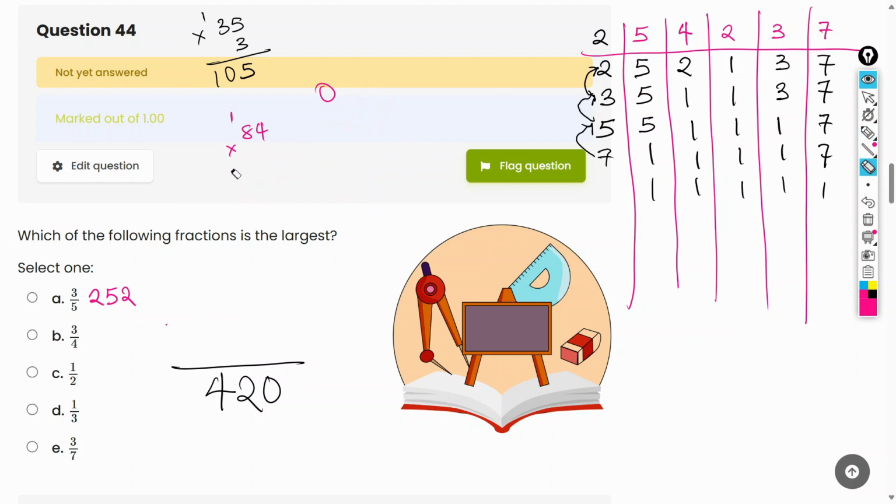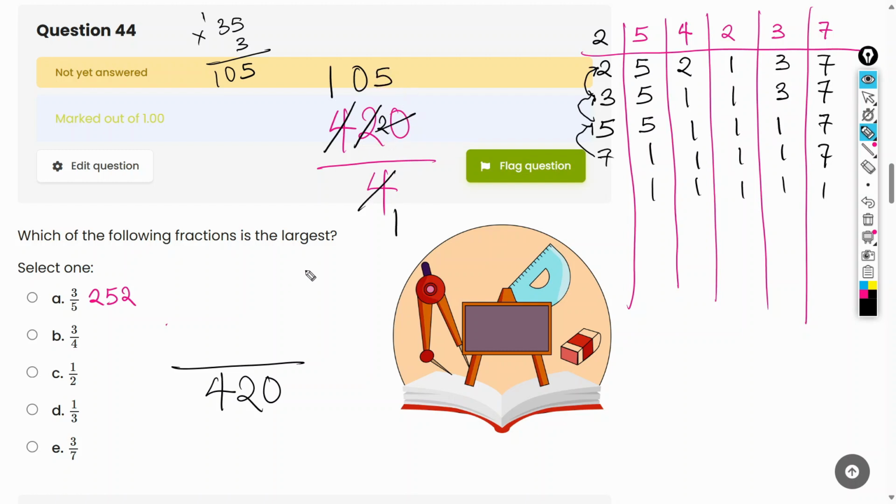We do the same thing for the next one. We divide 420 by 4. 4 into 4 is 1. 4 into 4 is 1. 4 into 2 is 0, carry 2. 4 into 20 is 5. That's 105.